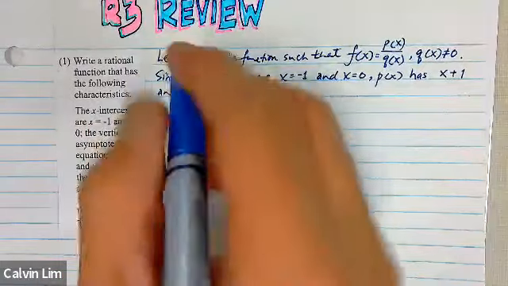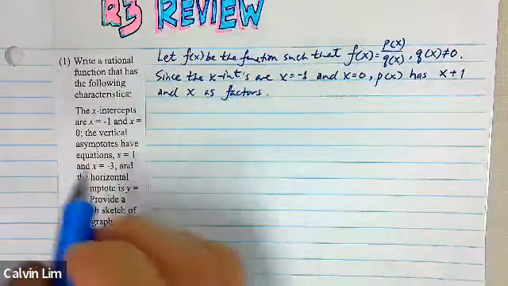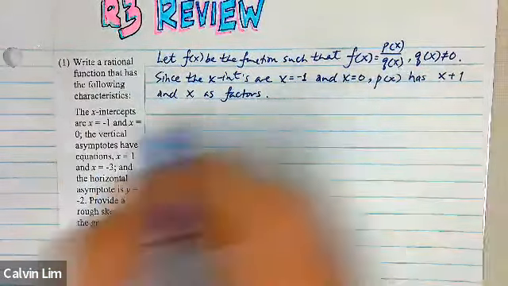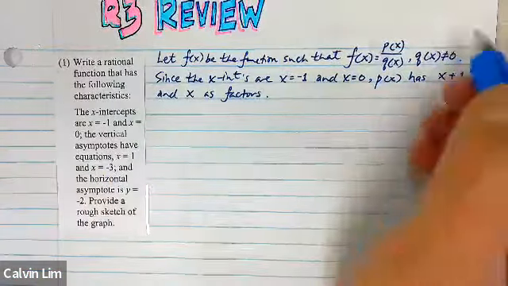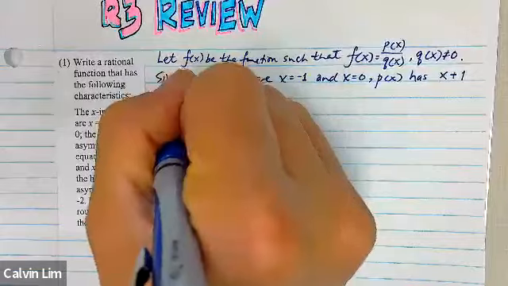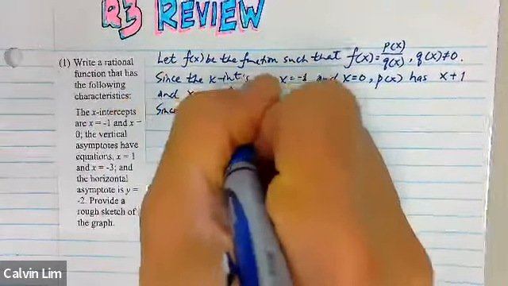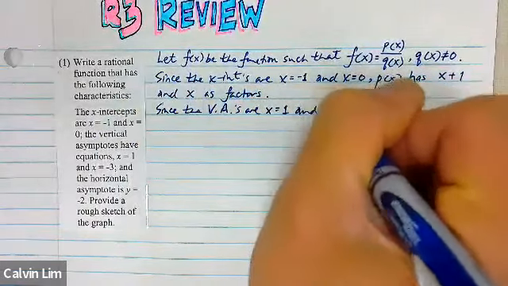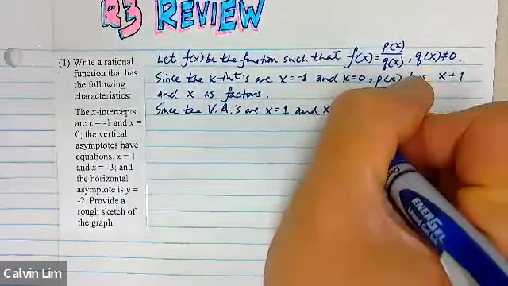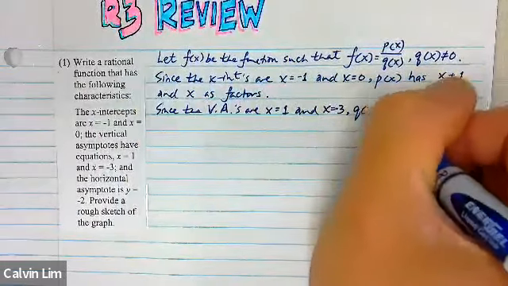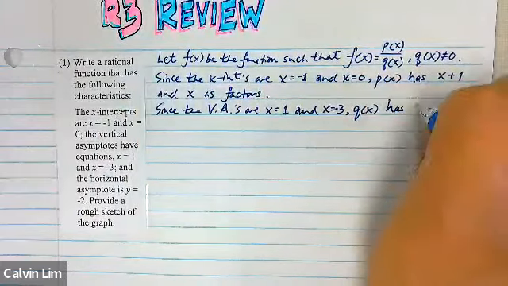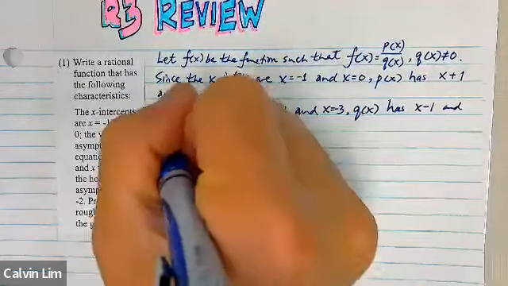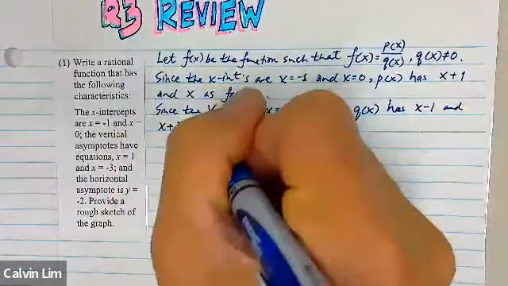so we're done with the x-intercepts, and now what about the vertical asymptote? What information do the vertical asymptotes give us? P of x or Q of x? Vertical asymptote is associated with Q of x, right? The denominator. So since the VAs are x equals 1 and x equals -3, Q of x has x minus 1 and x plus 3 as factors.